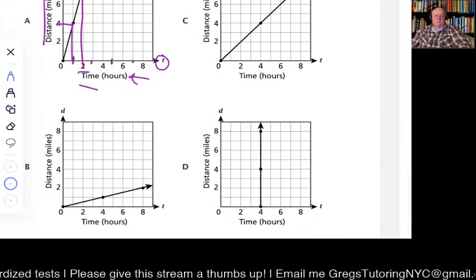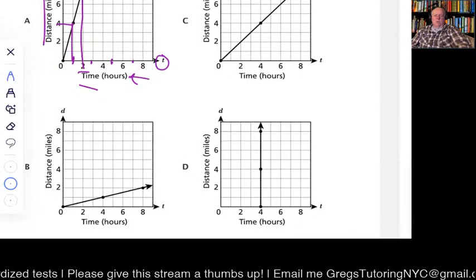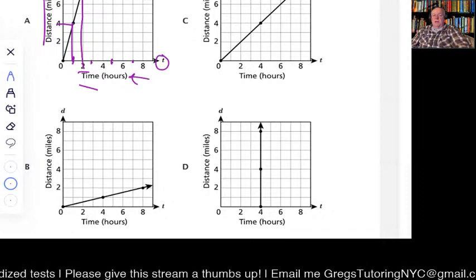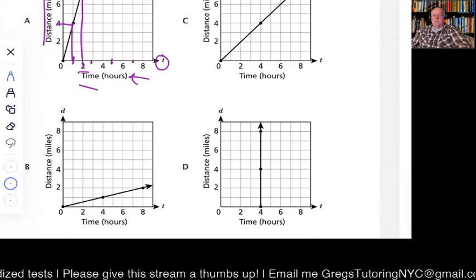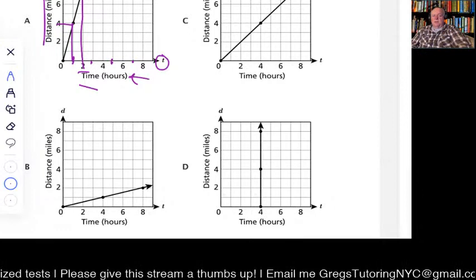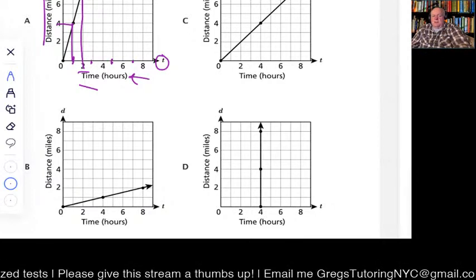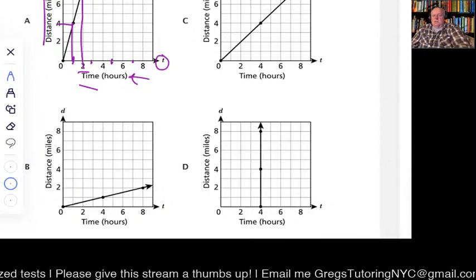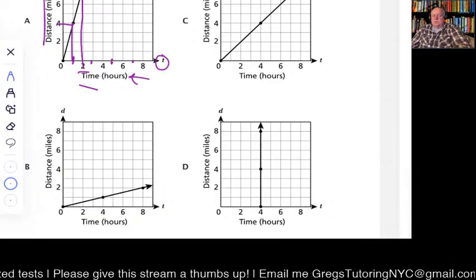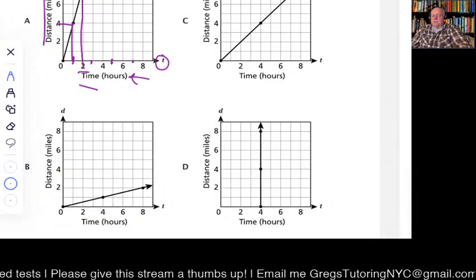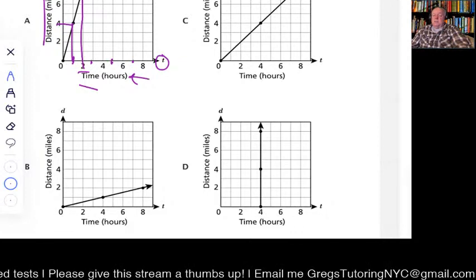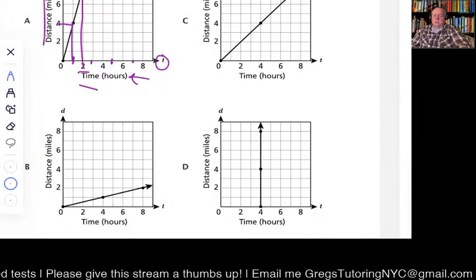It's saying in 4 hours, he walked everywhere. Like what? In 4 hours, he went 2, he went 3, he went 4 and 5. There's no D here. There's no distance. He's just walking to infinity in 4 hours. So that doesn't make logical sense. So we don't know if that's what they're going to ask us, but let's see.